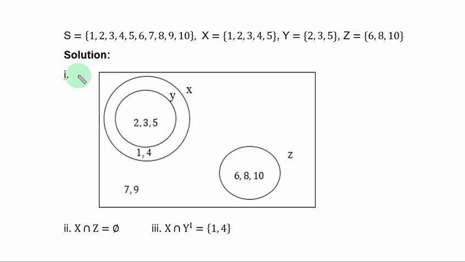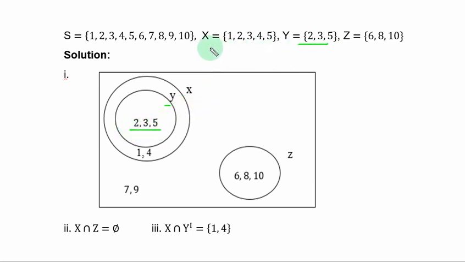Solution. The first part is to fill in the elements. You have set Y. It has 3 elements, 2, 3, and 5, and you have them in this form.